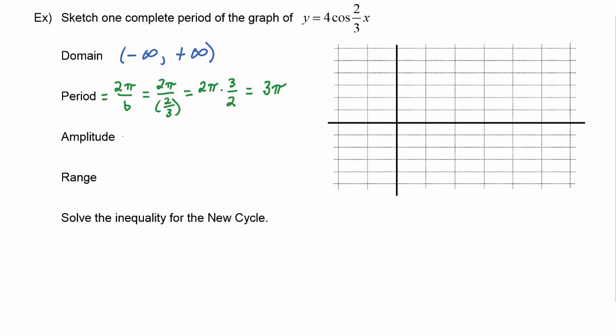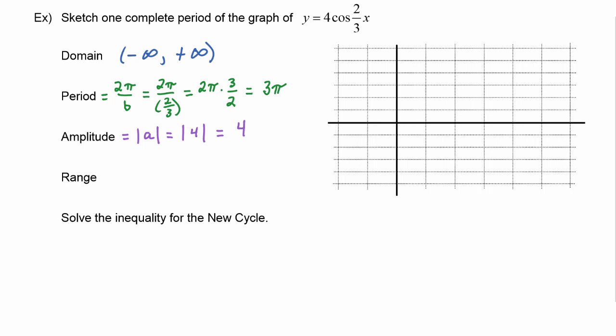The amplitude comes from the absolute value of a, and a is the coefficient of the trig function, so this is the absolute value of 4, which is equal to 4.